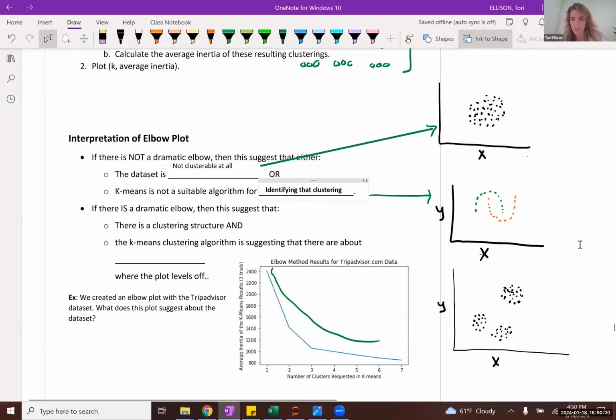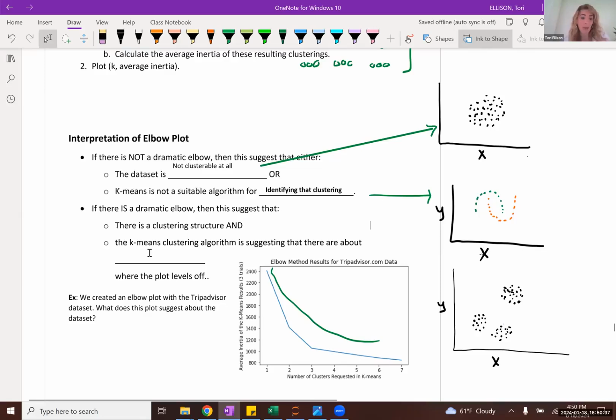So if we had tried to get k-means clustering to identify these two clusters, it's not going to work. It does not meet a lot of the specifications. So it could be one of two things if you don't see an elbow.